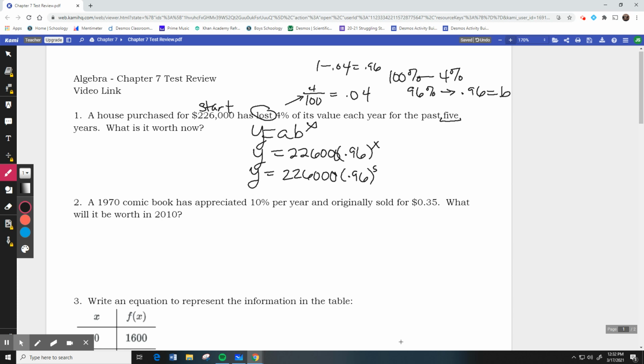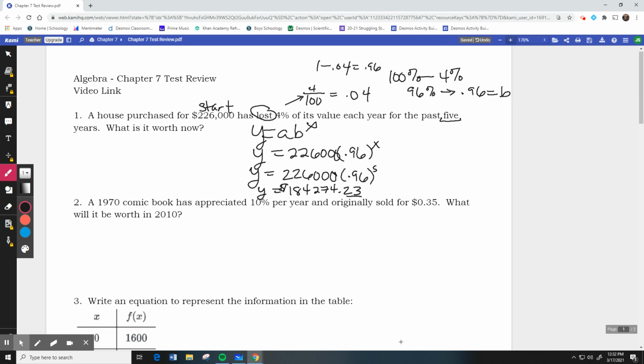And then you can just put that into your calculator and it will give you your answer. So you should get $184,274.23. Because we're talking about money, we want to make sure that we're rounding to the nearest cent. So we wouldn't keep going. It wouldn't be 0.2. We want to go 0.23.